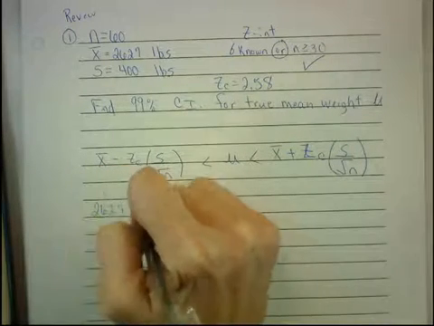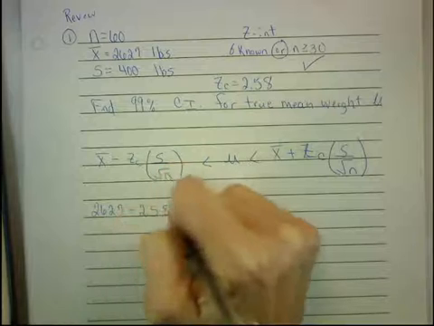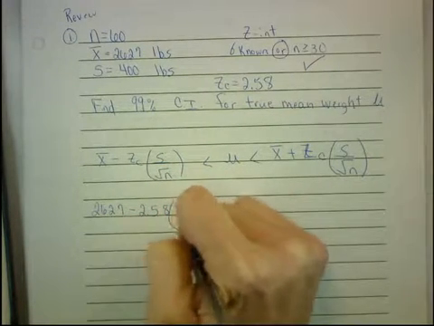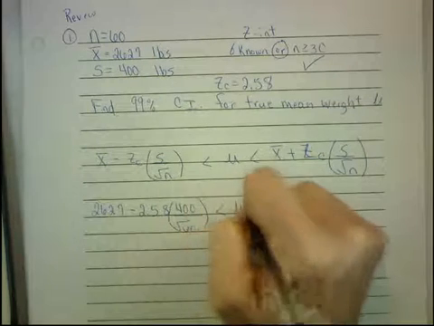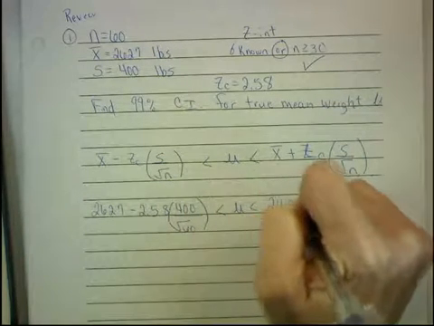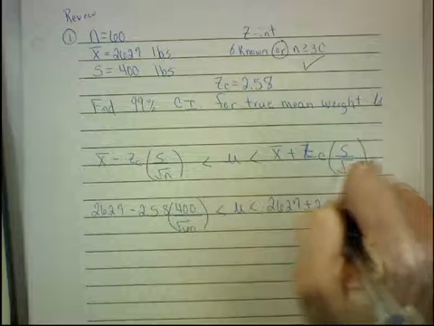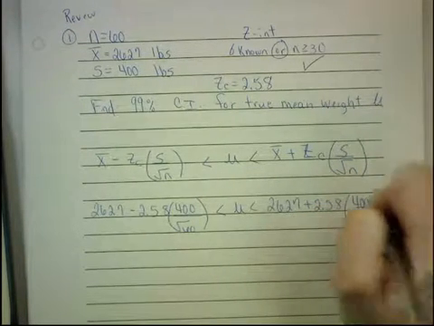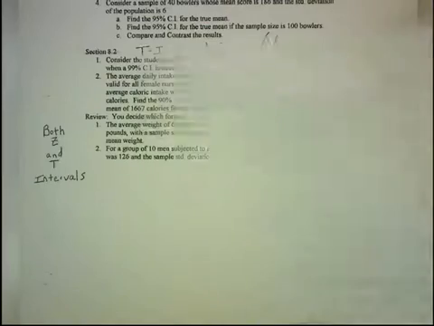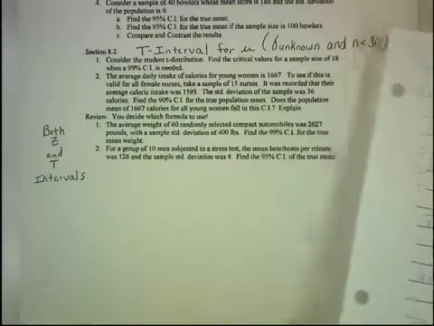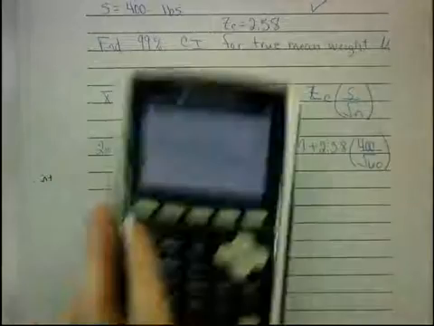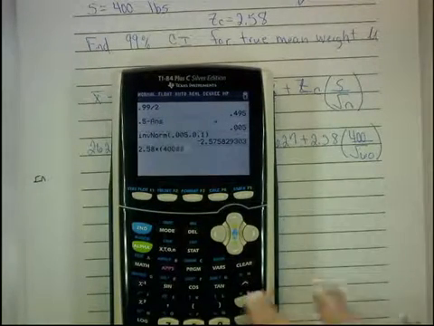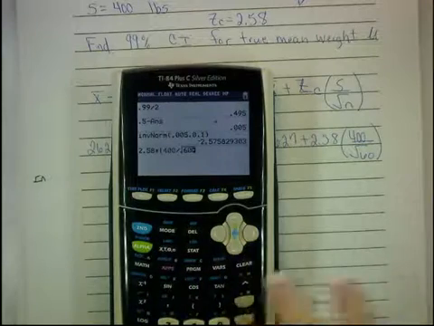2627 minus 2.58, 400 over the square root of 60. 2627 plus 2.58, 400 over the square root of 60. E is going to be the number we add and subtract. 2.58 times 400 divided by the square root of 60.